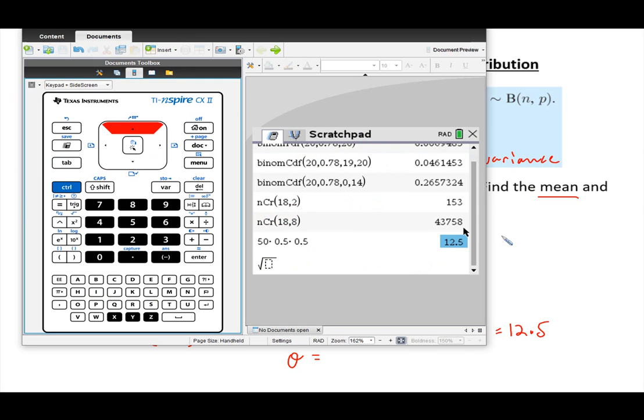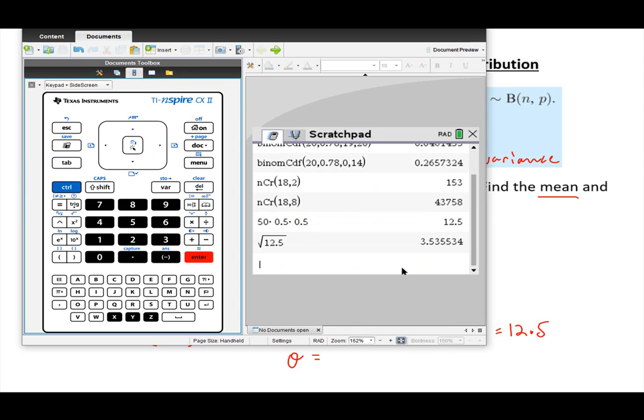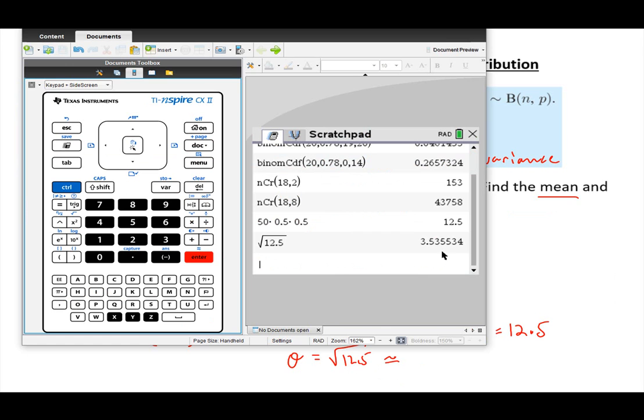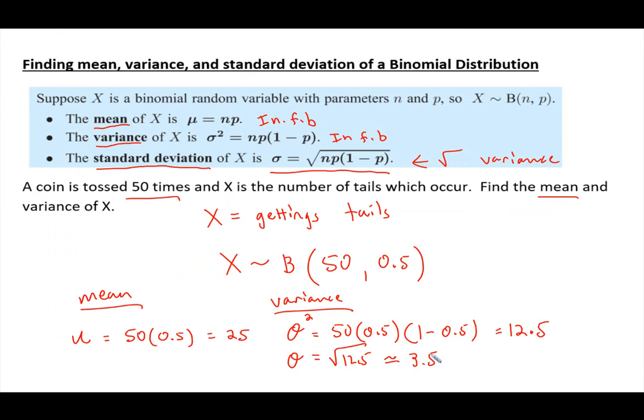That would give me 3.5355. So the square root of 12.5 is going to give me 3.5355.